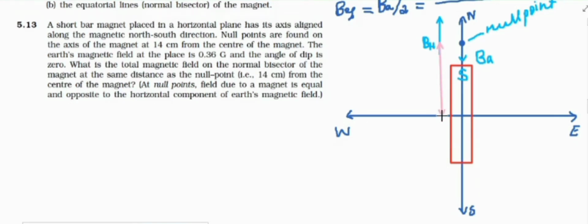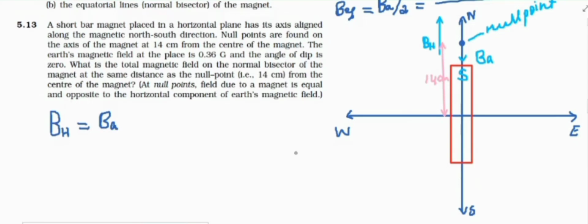So R is equal to 14 centimeter. From that we can conclude at the null point B axial is towards south pole and BH is towards north, so they mutually cancel each other. Therefore, we can write BH is equal to B axial. That is why we get null point there.